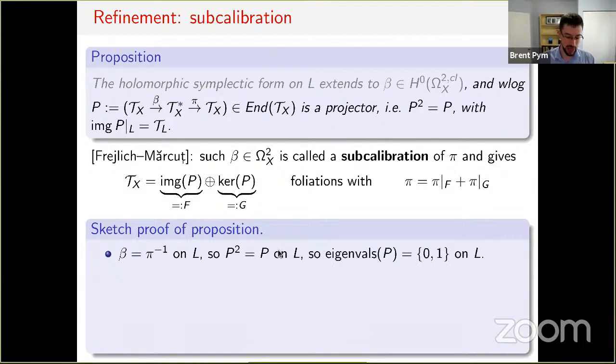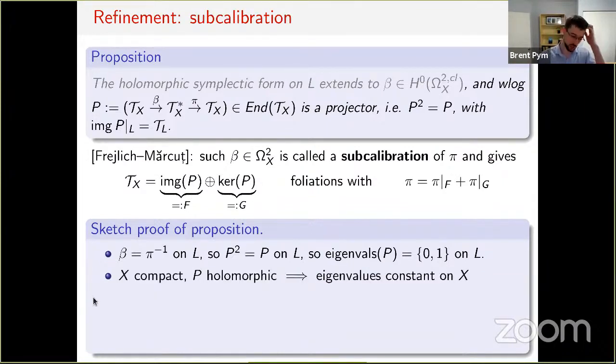And so what that implies is that the eigenvalues of a projector are always 0 and 1. The eigenspace with eigenvalue 0 is the kernel, of course. The eigenspace with eigenvalue 1 is the image. All right, but we have a compact complex manifold, and this P is a holomorphic endomorphism of the tangent bundle.